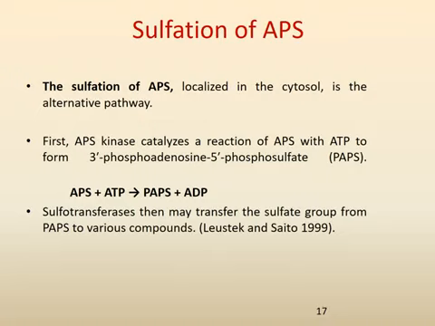APS plus ATP give rise to 1 molecule of PAPS plus 1 molecule of adenosine diphosphate ADP. Sulfotransferases then may transfer the sulfate group from PAPS to various compounds, including choline, brassinosteroids, flavonol, gallic acid glucoside, glucosinolates, peptides, and polysaccharides.